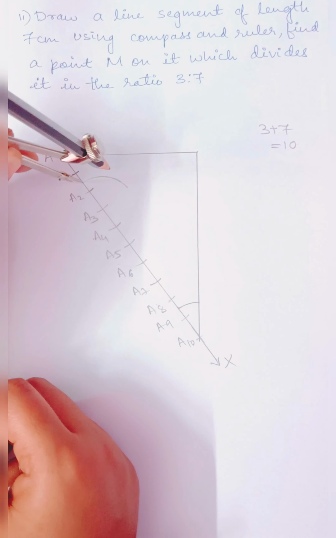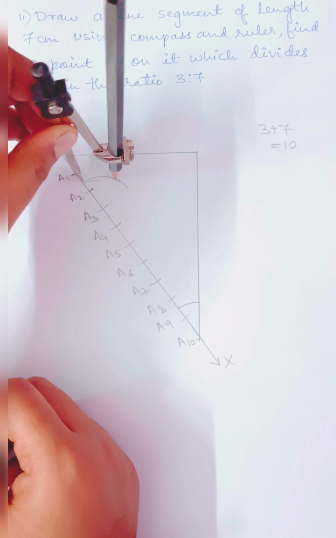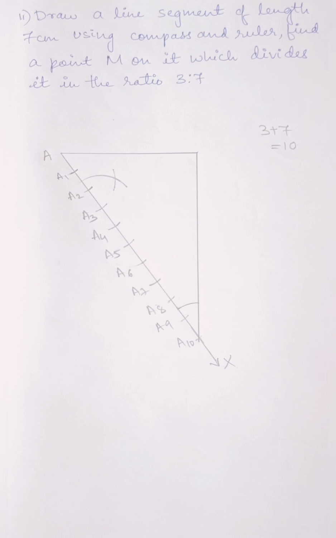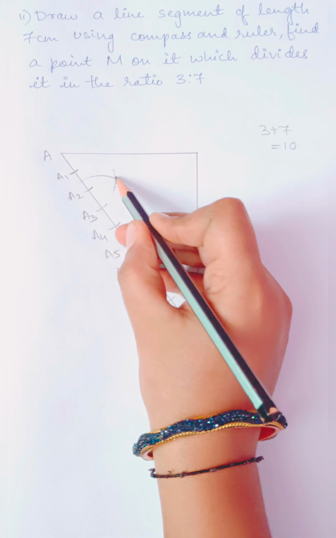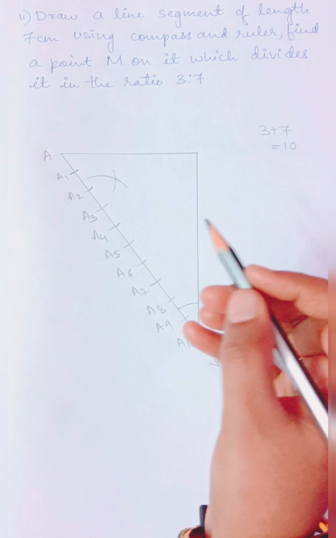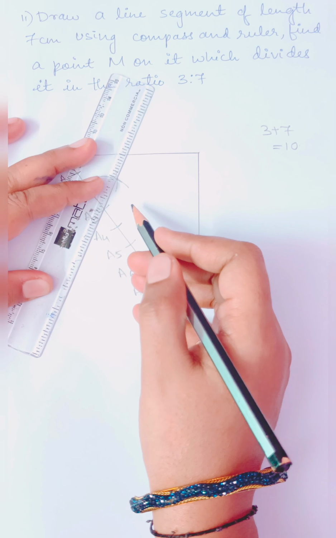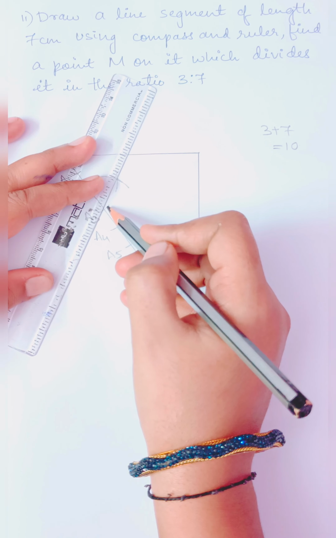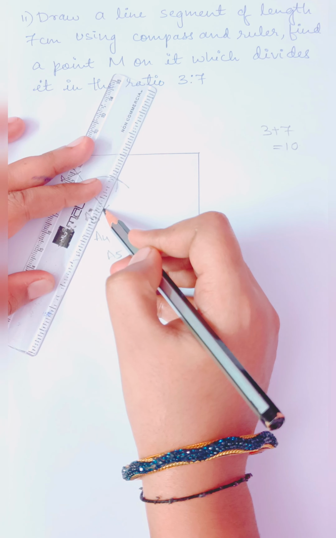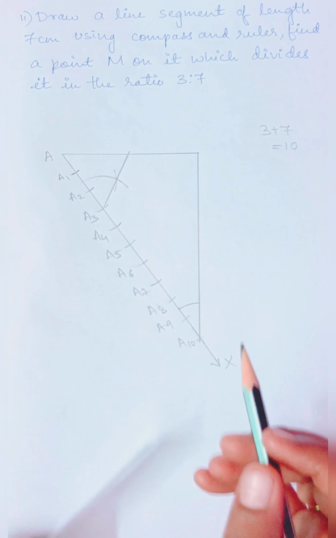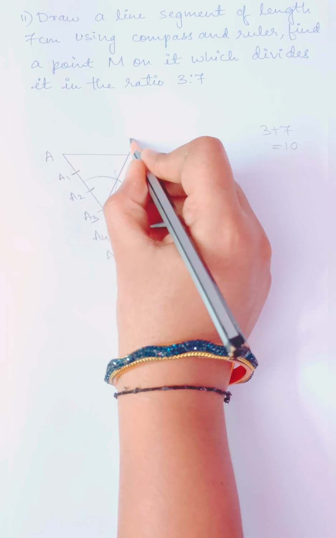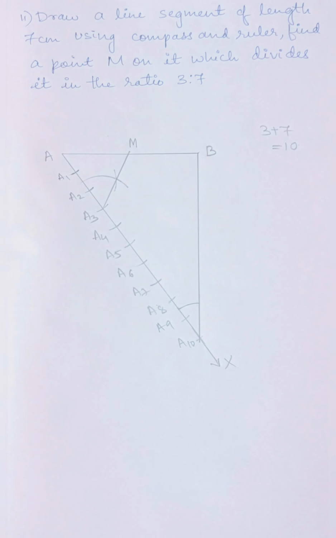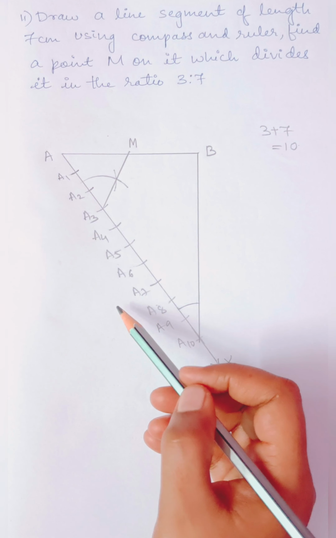Whichever arc you have taken, keep the point over here and cut an arc. Then you can see the two arcs meeting here. From A3 you join this, and this point you take as M, and this is point B. This is our construction.